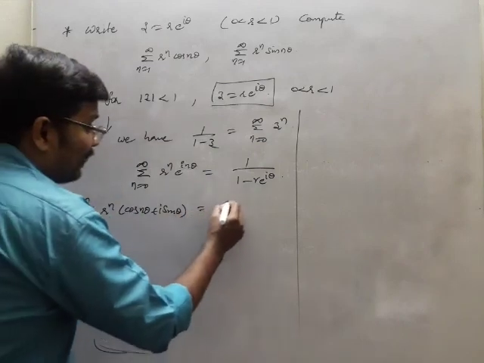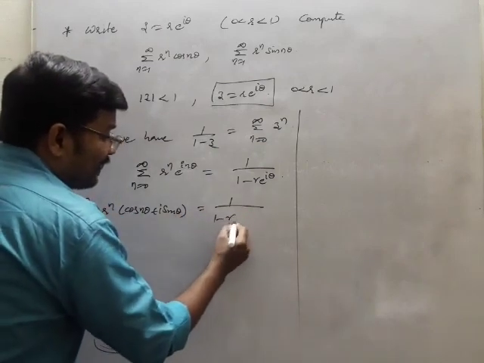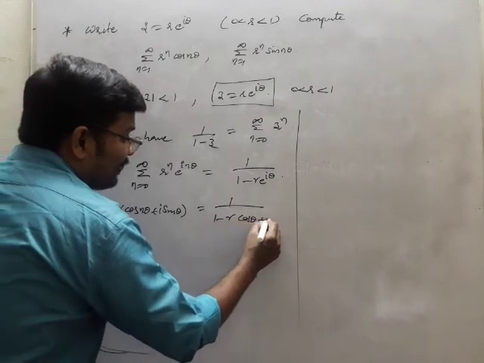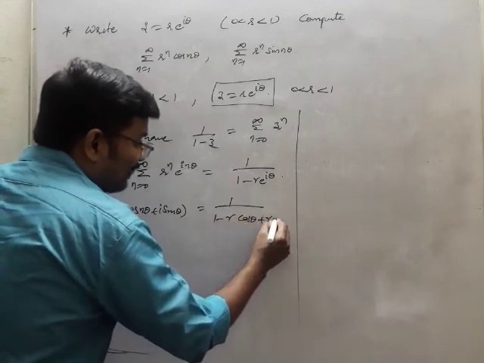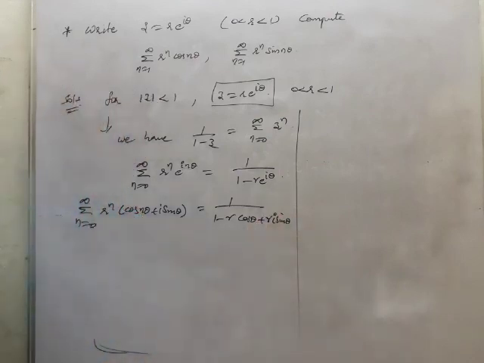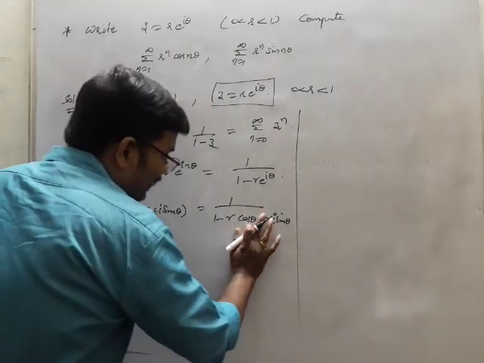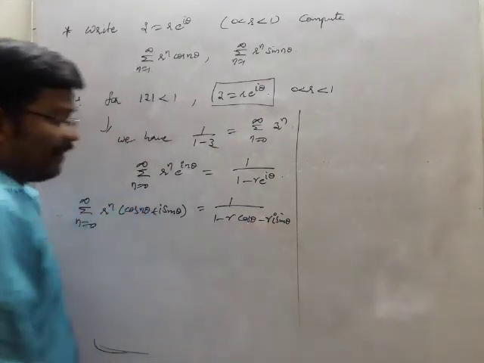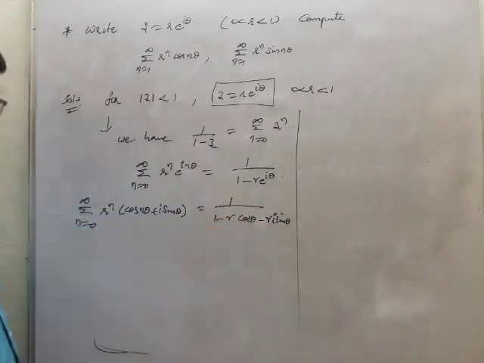So this is equal to 1 by (1 − r cos θ − i r sin θ). I have just multiplied r inside, and applying the minus inside.